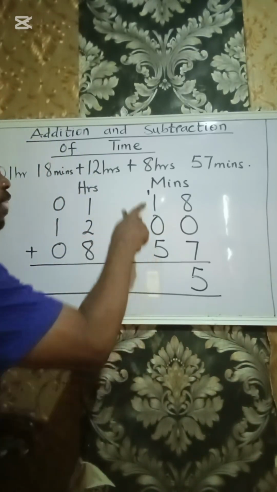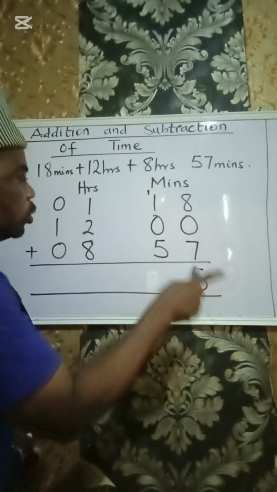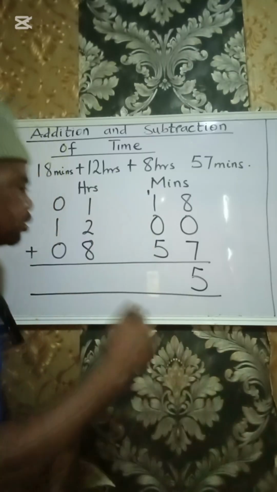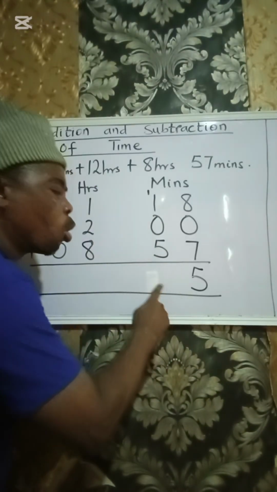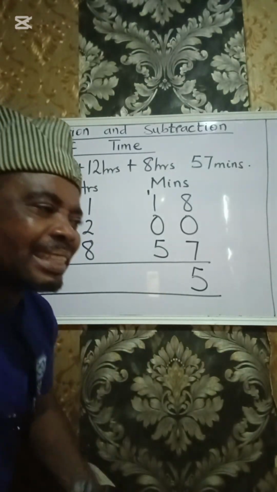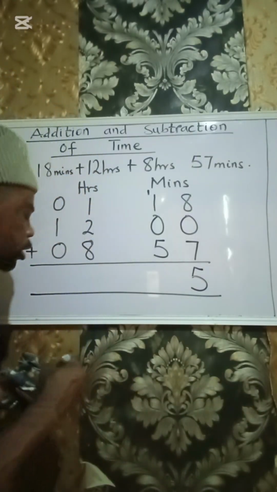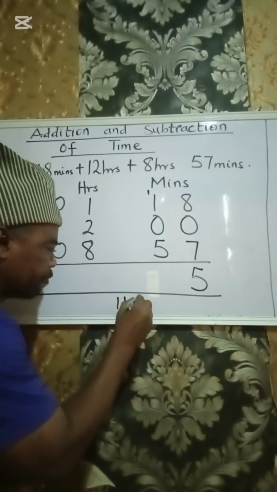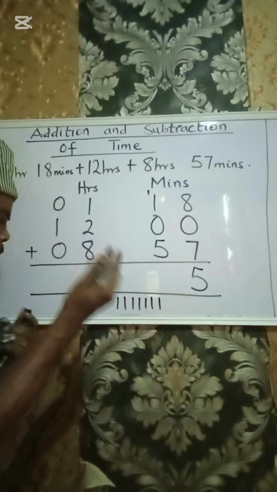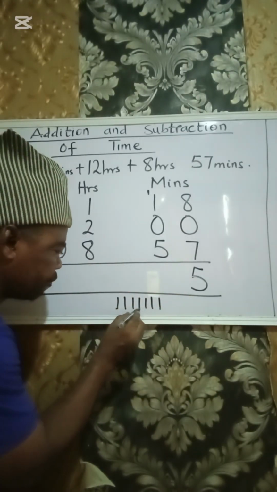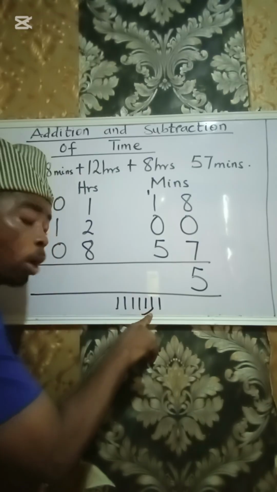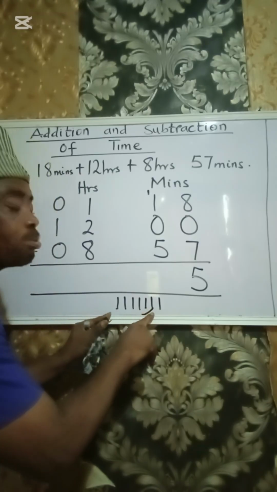But here, after adding this 1 plus this 1, getting 2, plus this 5, 7. 7 cannot stay here. So ask yourself, how many 6 can you see in 7? 1, 2, 3, 4, 5, 6, 7. How many 6? Only 1 six. Then that means that becomes an hour.